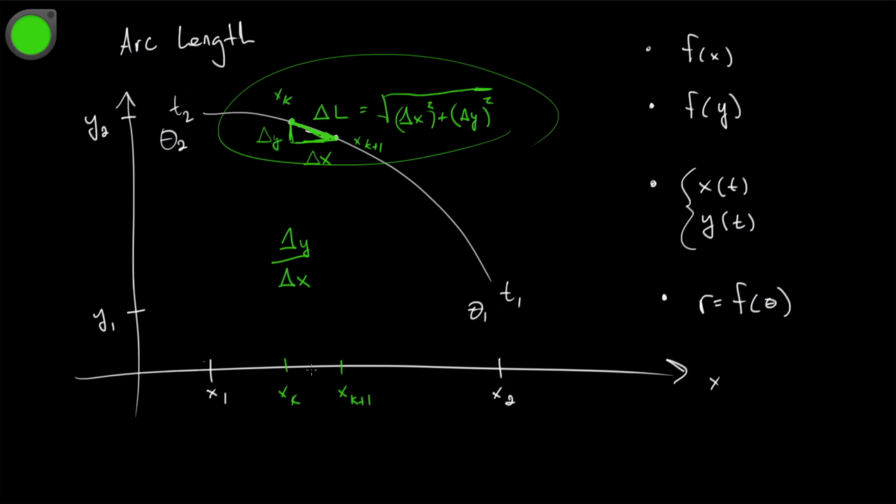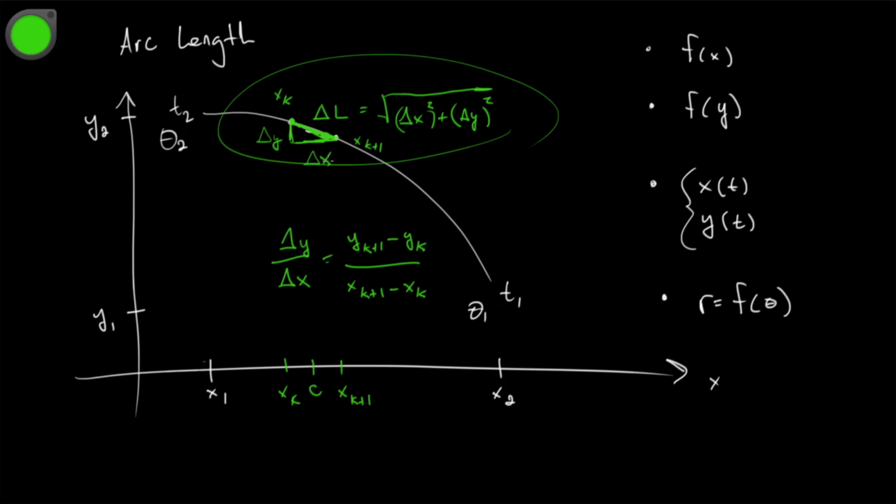Is there a point somewhere between these two where the derivative of the function is equal to delta y over delta x, which is yk plus 1 minus yk all over xk plus 1 minus xk? Is there a point between here, let's call it C, where the derivative evaluated at C is equal to the average slope?